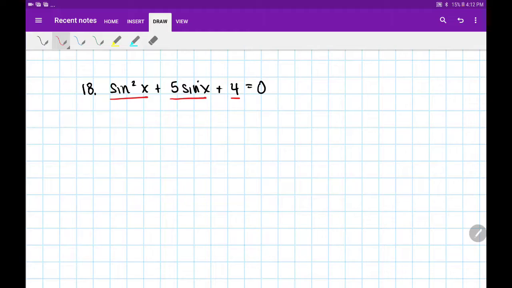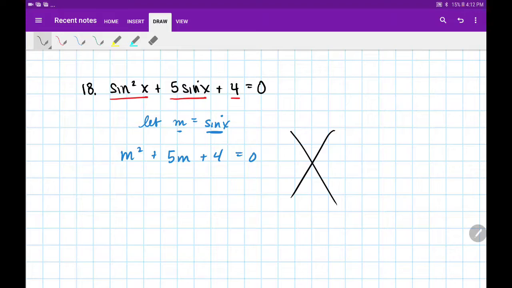Hey, we learned a nifty little trick last time to make magic x much easier. See if you remember how to set it up. We let monkey equal sine x, and then in the next step we rewrote our equation, replacing all our sines with monkey. So we get monkey squared plus 5 monkey plus 4 equal to 0. Now we can magic x it.